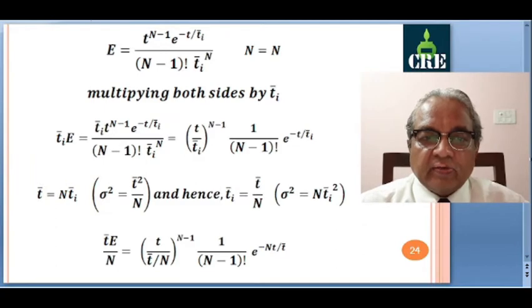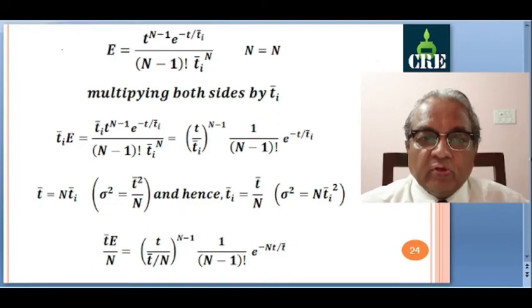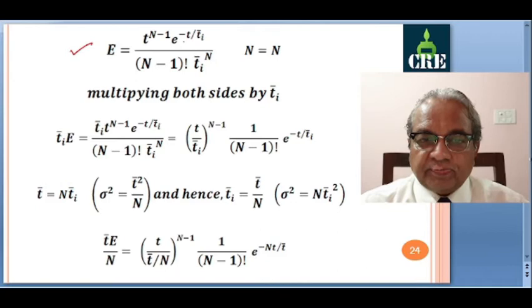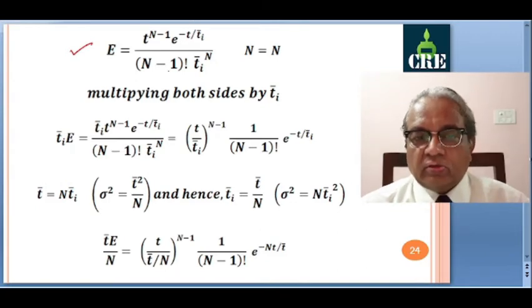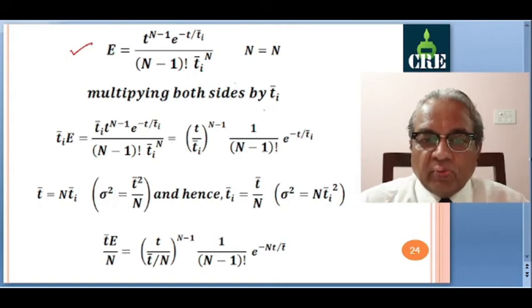So for the nth tank, we can write E is equal to t raised to n minus 1, e raised to minus t by ti bar, divided by n minus 1 factorial ti raised to n. This I have reproduced from the previous page for n is equal to n. Now just to write in some convenient forms, we'll multiply this by ti bar, because we are familiar with this; ti bar into E becomes dimensionless.